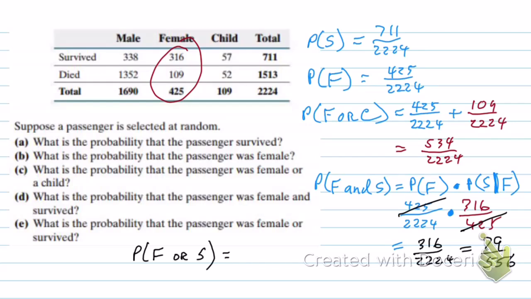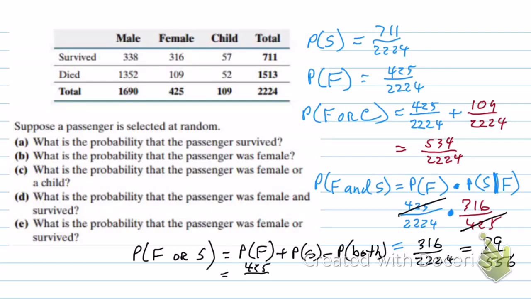No, they're not. So I've got to use the general addition rule. So I've got probability of female plus the probability of survived minus the probability of both. Because there's overlap.